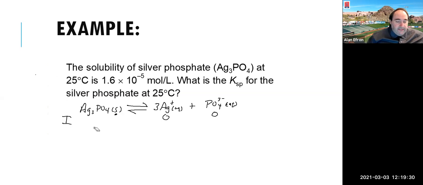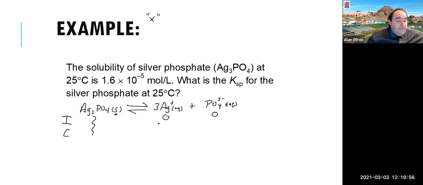And we would then go to the change part. So the change part here, we would use a letter. Again, we're not going to worry about over here because this is a solid. So we would do the plus on this side. Now, something slightly different than is normally done, you usually use the letter X for the change part. And you technically can use X for the change part if you like.